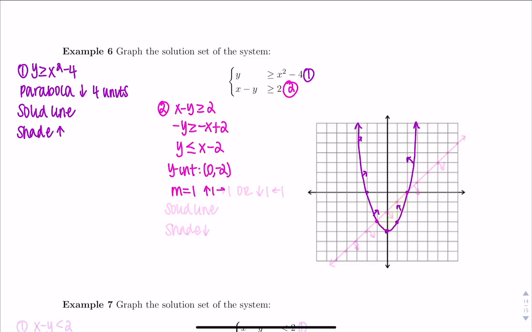So up 1 over 1, or down 1 to the left 1. This is a solid line, and you're shading below. So we got a solid line. And we're shading below.